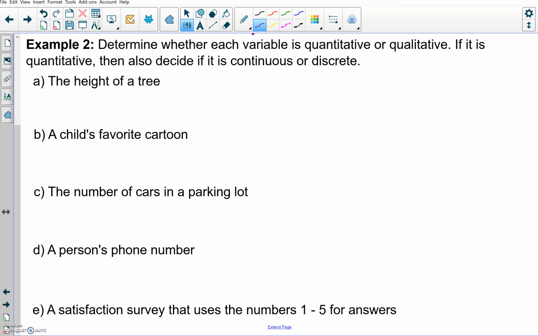So the height of a tree. Well, if I measure the height of a tree, it's going to be with some sort of measuring device with numbers on it. So that is definitely going to be quantitative. And heights are continuous. I could get any little fractional measure in between those whole number heights on my measuring device.